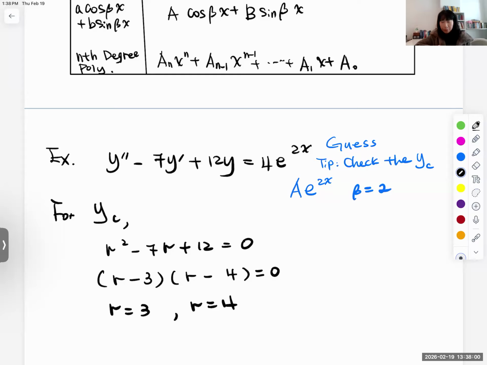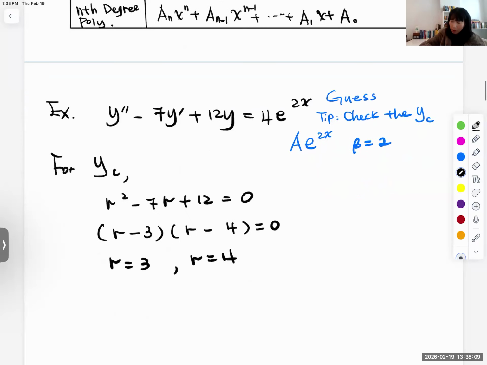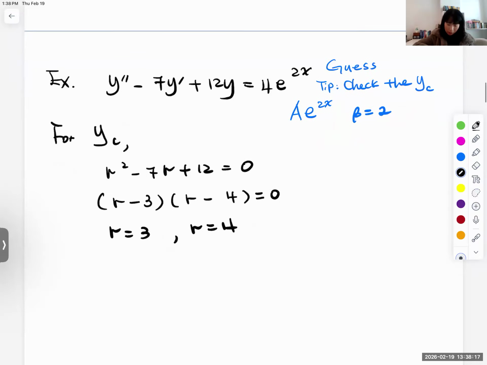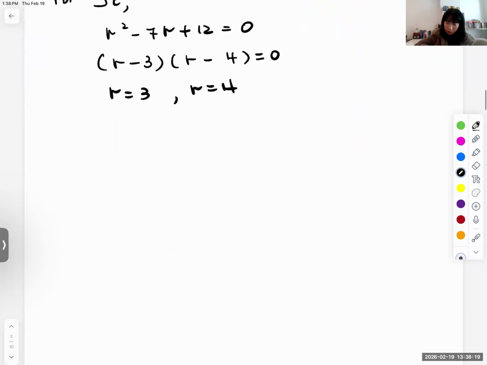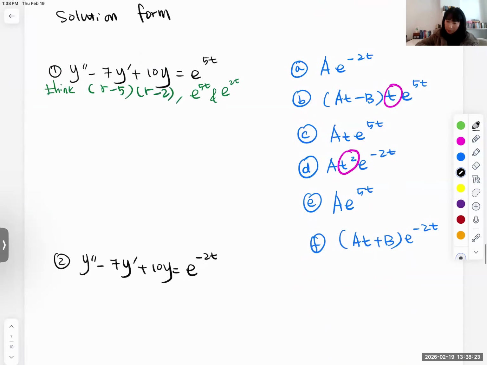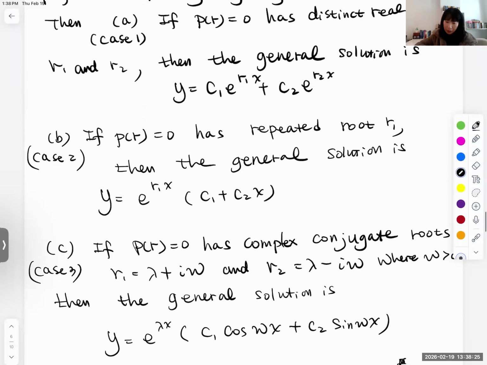Now we can see that there are two distinct roots. Let's review quickly.